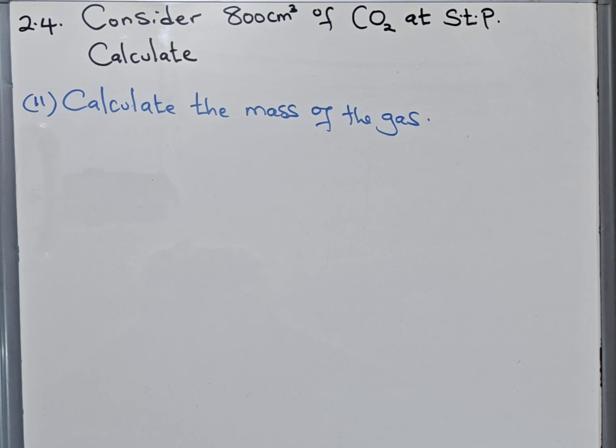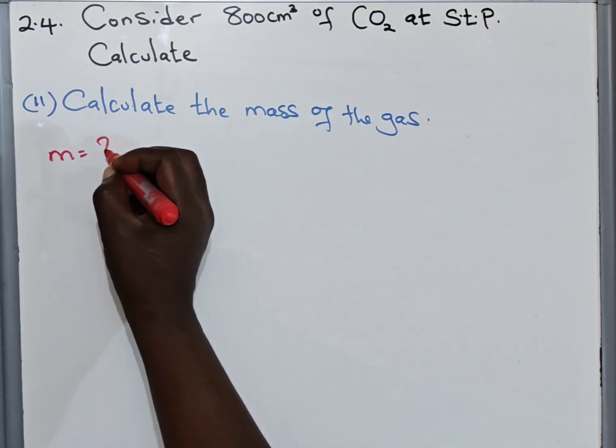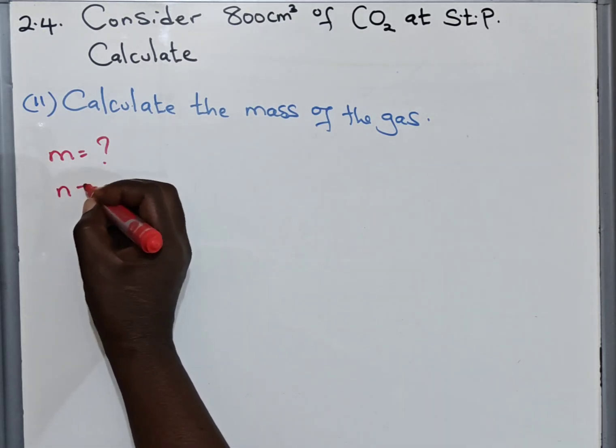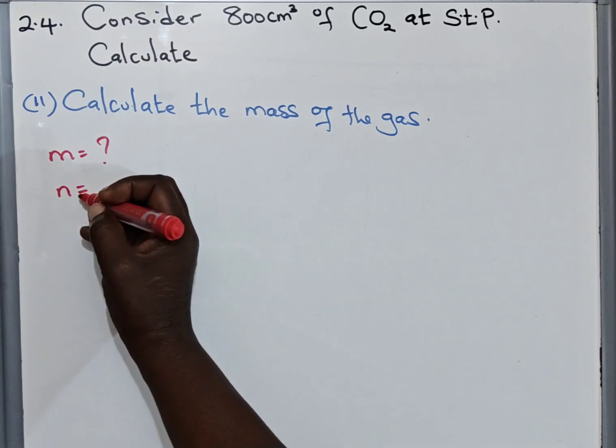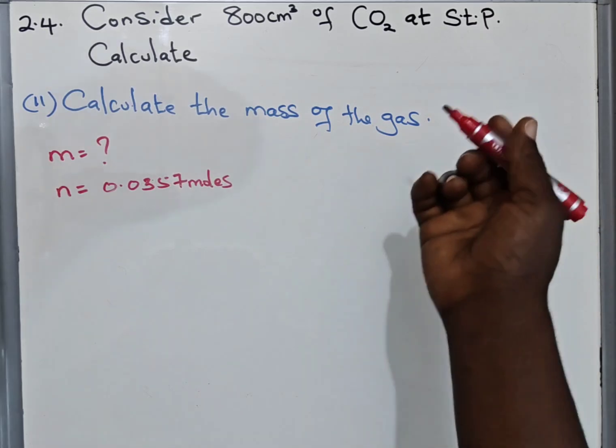So we come to this one. It says calculate the mass of the gas. What are we looking for? We are looking for mass. But what do we know? We know n. We found the number of moles already, and it is 0.0357 moles. What else do we know?